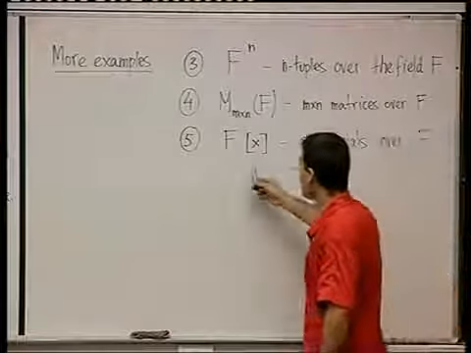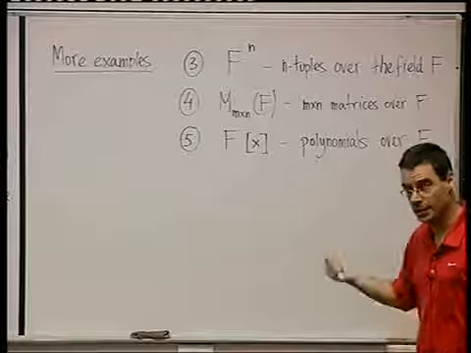If I multiply a polynomial by a number, do I get a polynomial again? Yeah, I do. Do the distributivity laws hold? So if I take 3 plus 5 times a polynomial, is it the same as 3 times the polynomial plus 5 times the polynomial? Yeah, right?